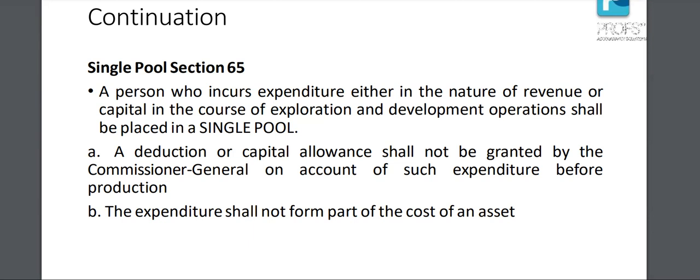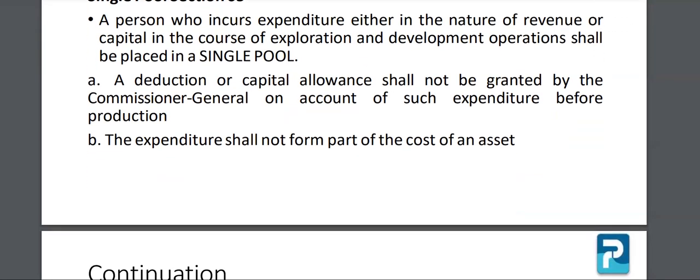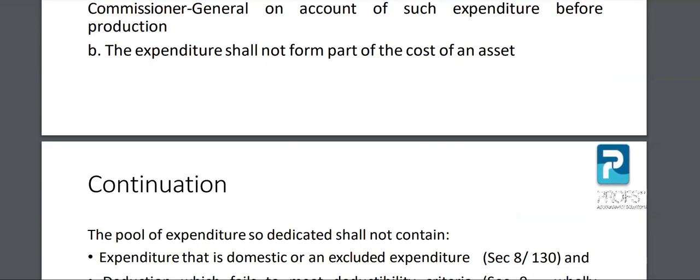So we have two main pools under mining and petroleum. We have a single pool 1 and then a pool 2. The single pool 1 basically looks at the collation of all expenditure with the exception of asset expenditure, let's say acquisition of an asset, and then the pool 2 will have the asset expenditure.